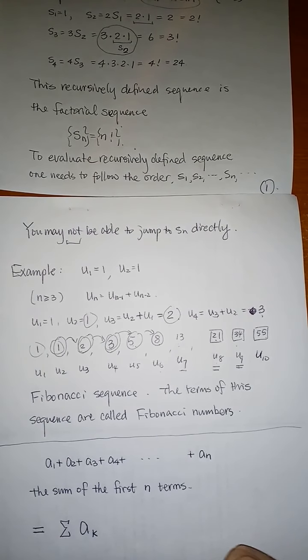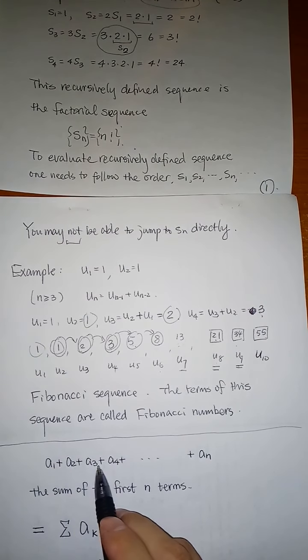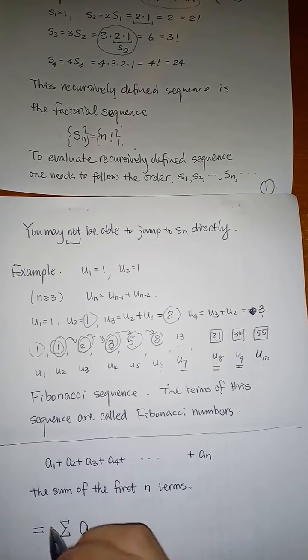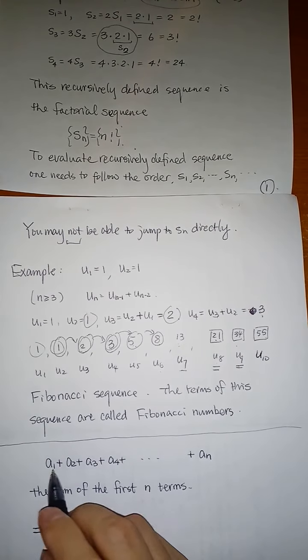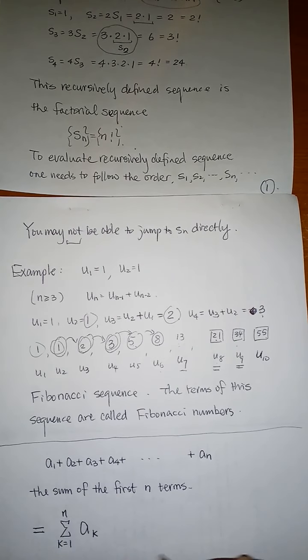A sub k. K means, you see here, the first term, second term, third term, fourth term. So k starts from the first term, and k stops at the nth term.